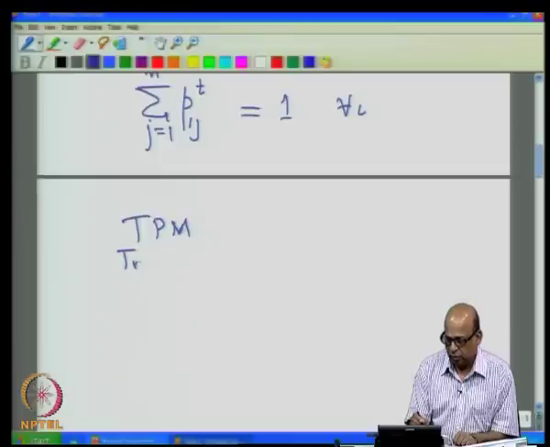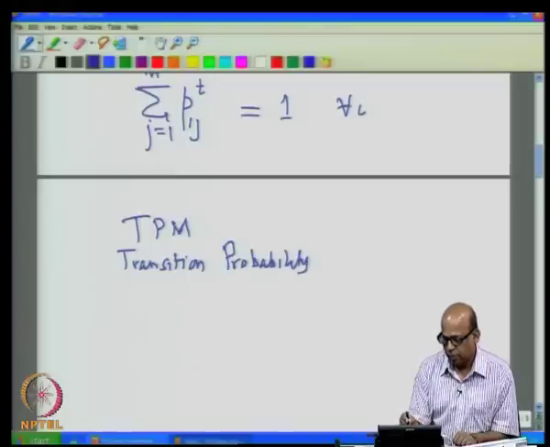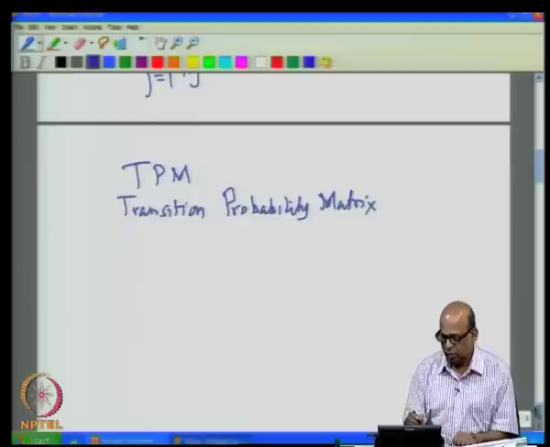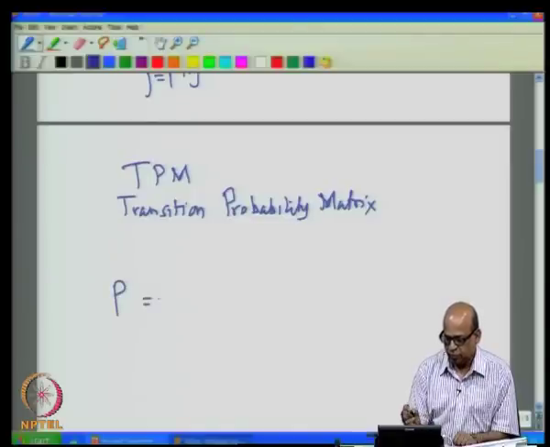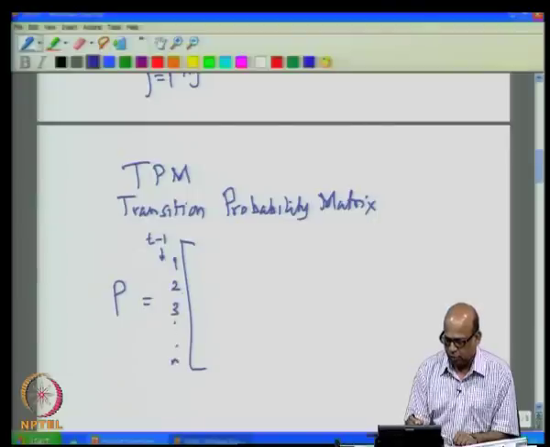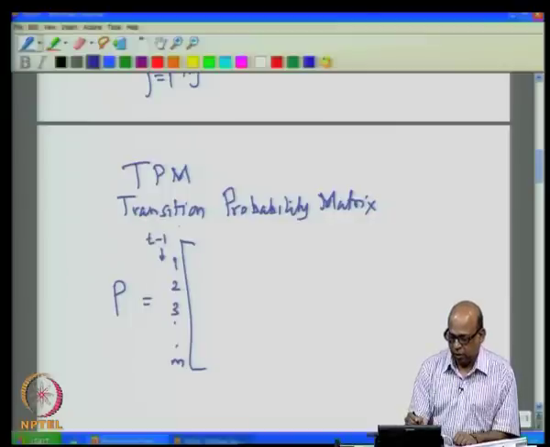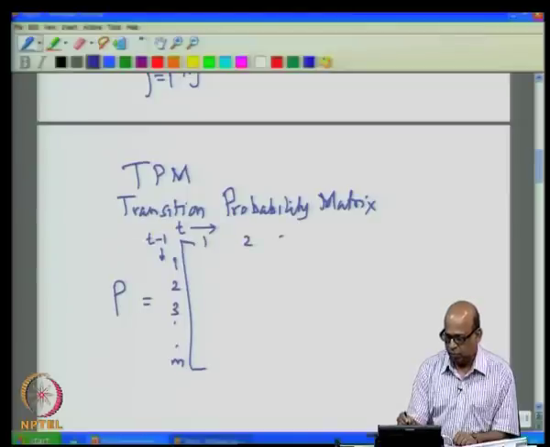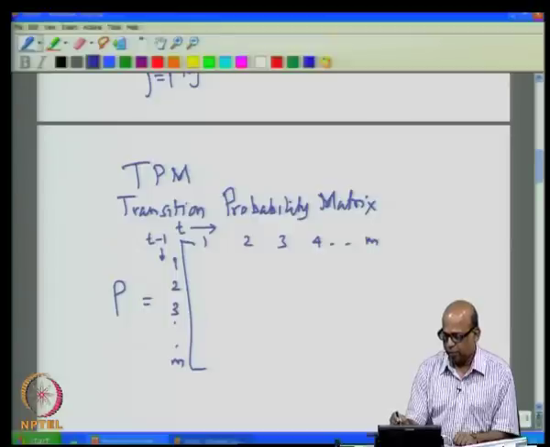This is the transition probability matrix, and we denote this as capital P, and we write this as, let us say we are talking about t minus 1 here, and the states are 1, 2, 3 etcetera up to m number of states, and in the t direction we have again 1, 2, 3, 4 etcetera up to m.